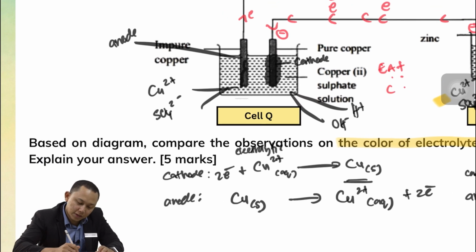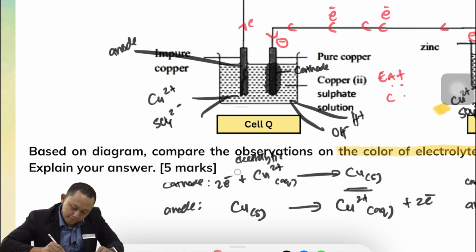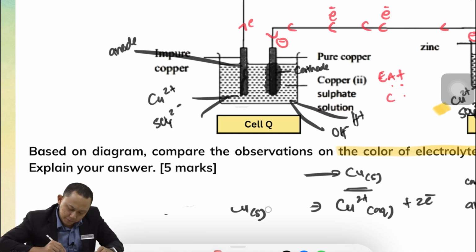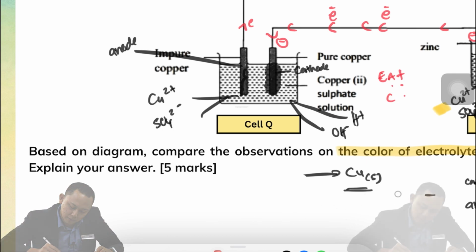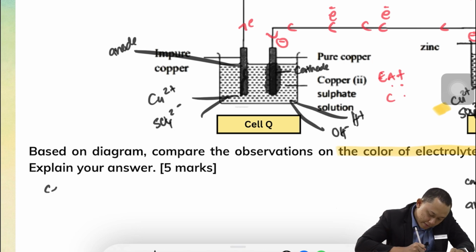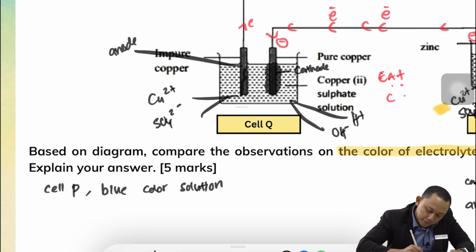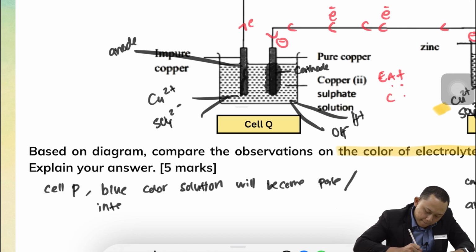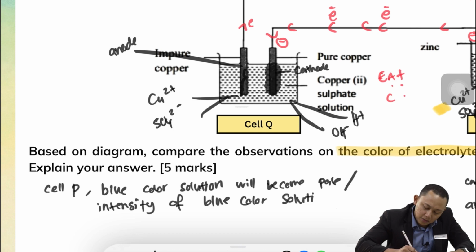I'm going to clear this first and write it again. Compare the observation on cell P: the blue color solution will become pale, or you can say the intensity of the blue color solution reduced.